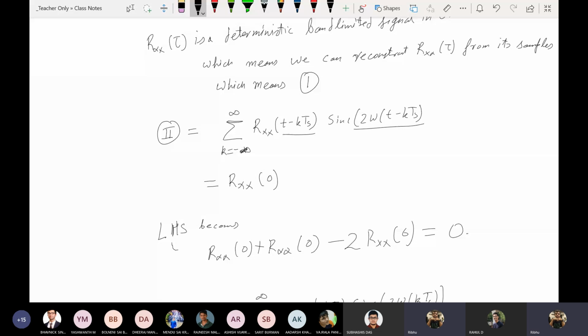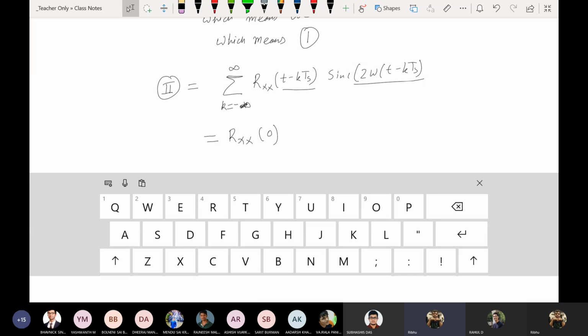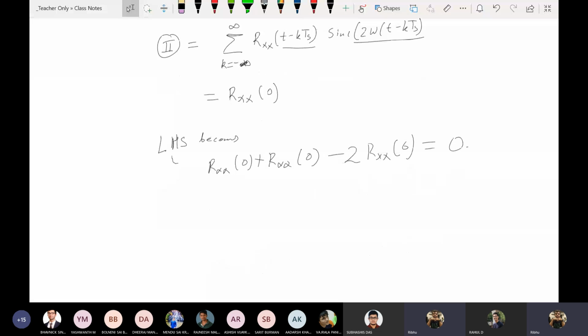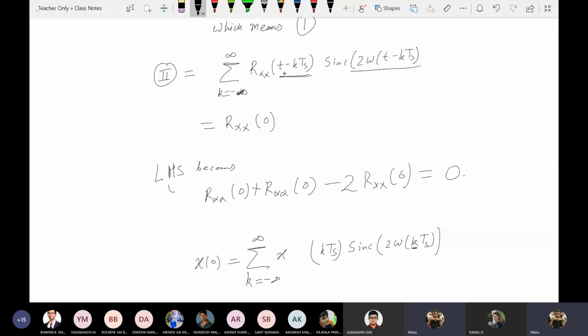Yes, see, this is right actually. This is right because in this form you can replace this t minus kTs for any t, or you can subtract any constant from everywhere and it'll give you the same samples.